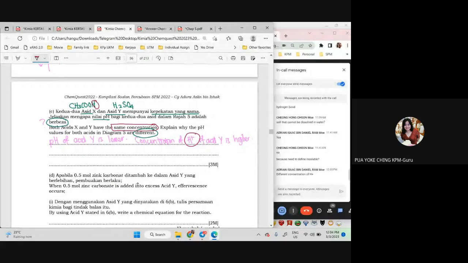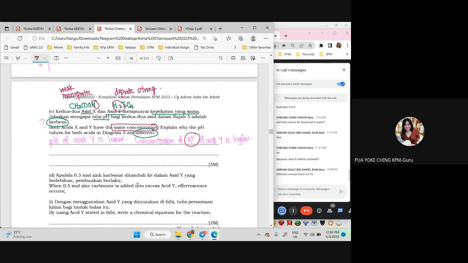This one is monoprotic. And this is weak. This one is diprotic and also strong. So, do we need to do all?